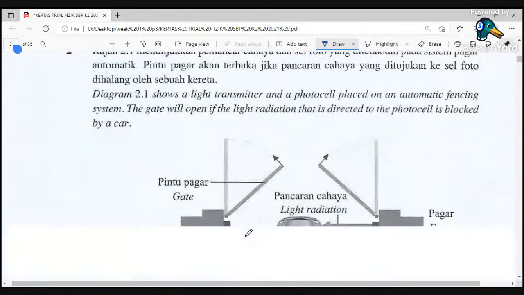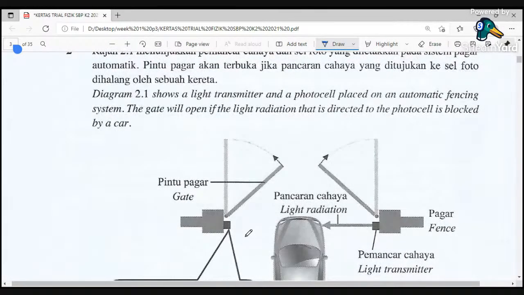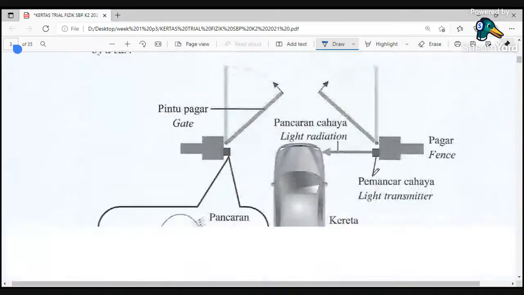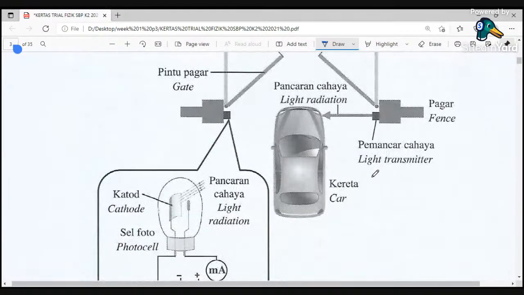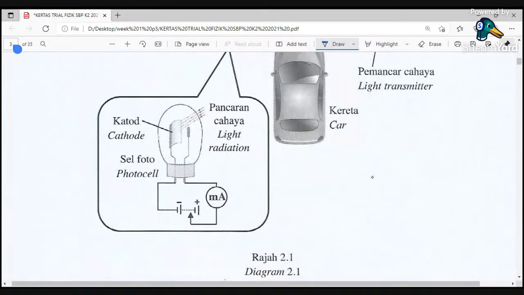Okay, number 2. Diagram shows a light transmitter and a photocell placed on an automatic fencing system. The gate will open if the light radiation that is directed to the photocell is blocked by the car. So you can see this one, the photocell, applies the photoelectric effect in the topic of quantum physics.